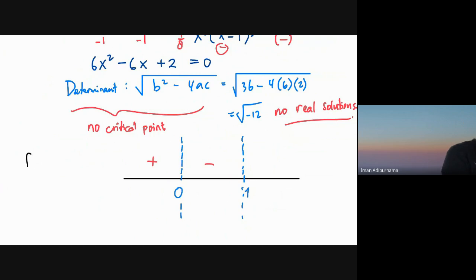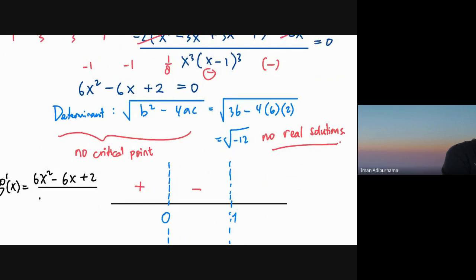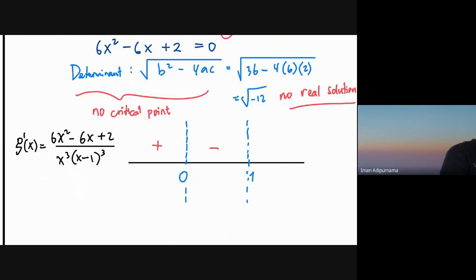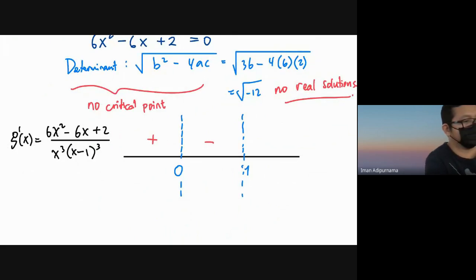Not f prime, g prime is 6x squared minus 6x plus 2 over x cubed times (x minus 1) cubed. Okay, checking through this equation and checking 2, of course this will be positive. 2 is positive also, so this will be positive.